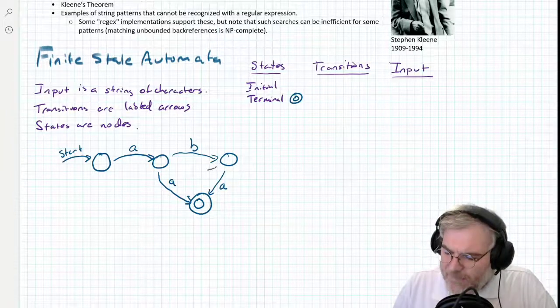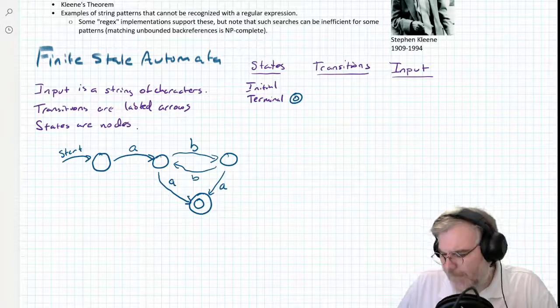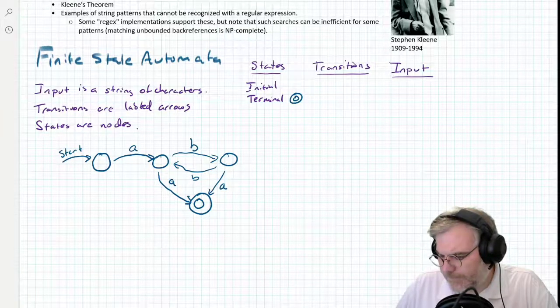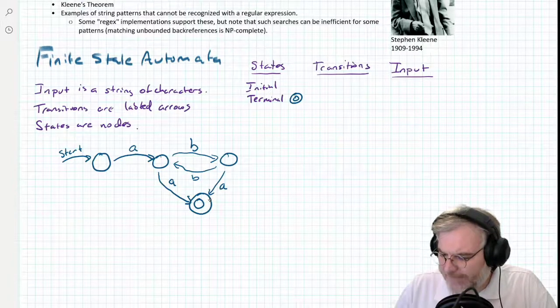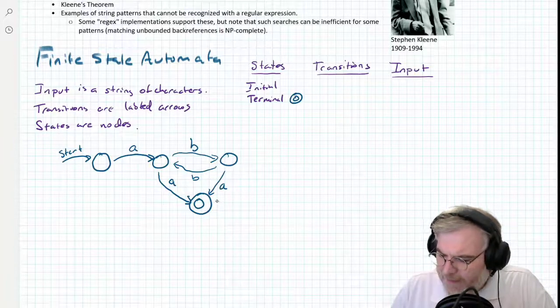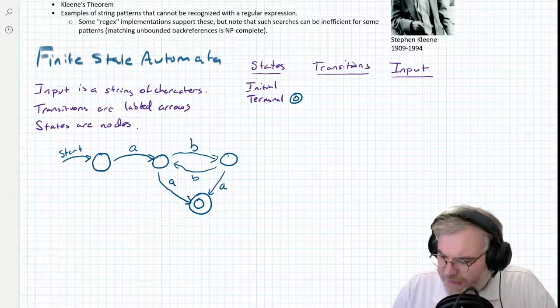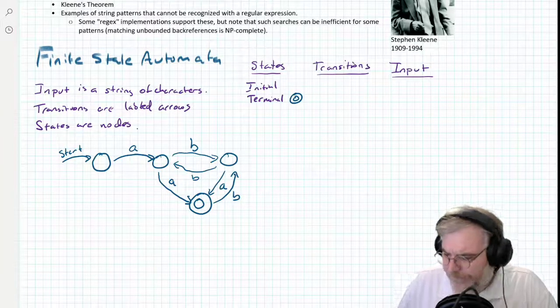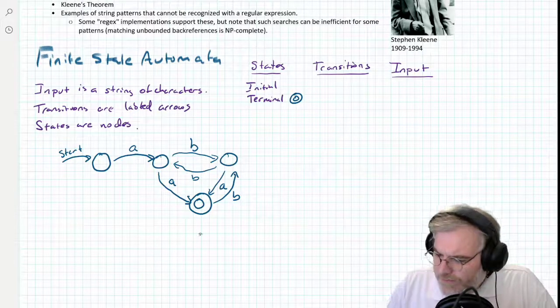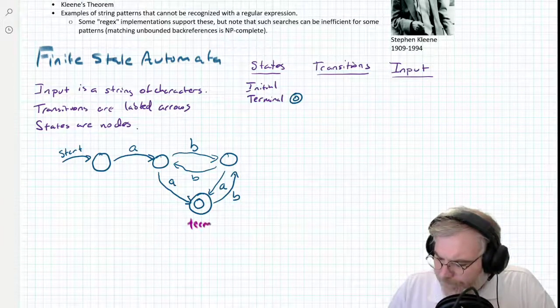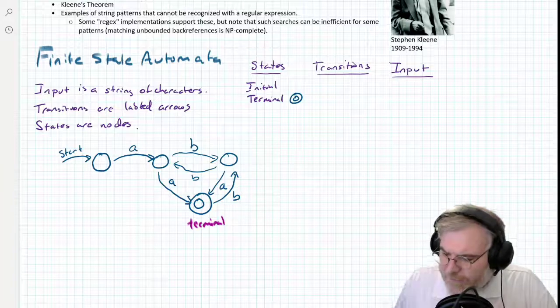If I get another B, I go back. Here's A, and here's A. And then B will send me back to one of these states. I actually don't care which it is, so I'll just send him back here. This right here is the terminal. These other ones don't have names.